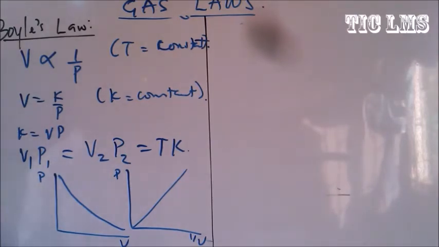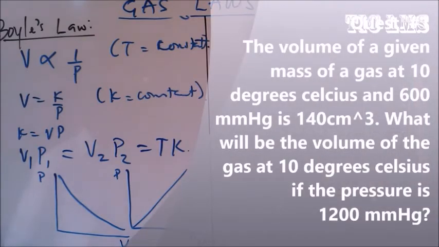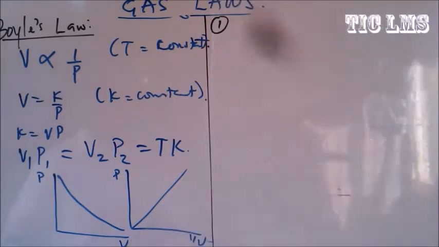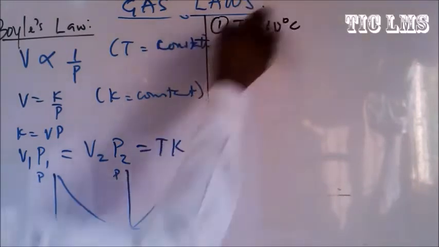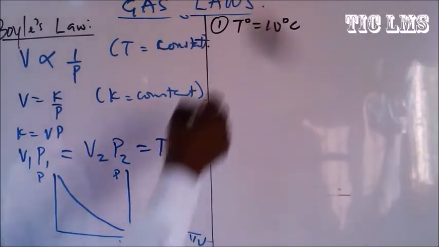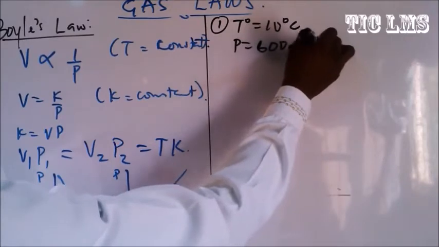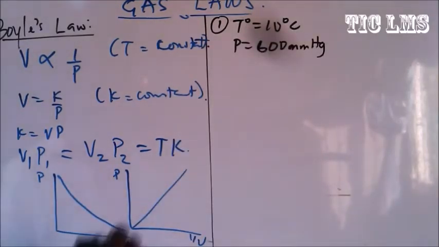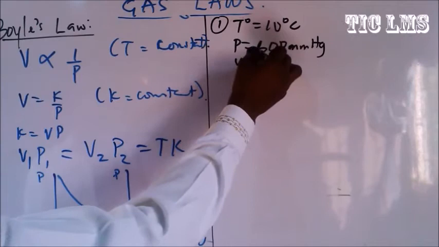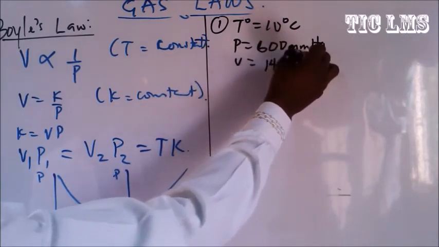First question says, the volume of a given mass of a gas at 10 degrees Celsius and 600 millimeter mercury is 140 centimeter cubed. What will be the volume of the gas at 10 degrees Celsius if the pressure is 1200 millimeter mercury? So in this question, we have a temperature of 10 degrees Celsius, a pressure of 600 millimeter mercury, and a volume of 140 centimeter cubed.